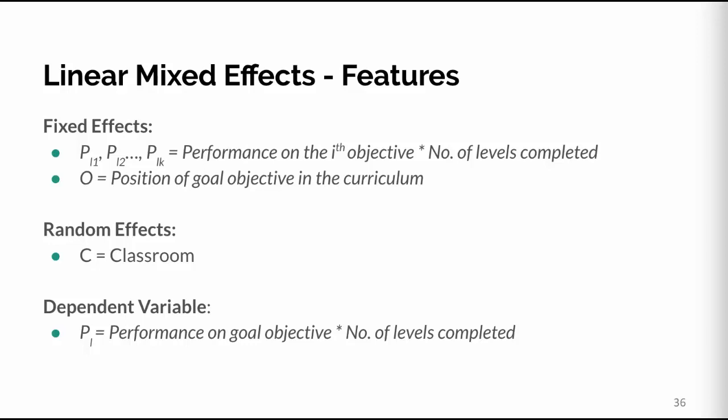Note that performance on the ith objective is the average first attempt performance on the levels in that objective completed by the students. And position O of the goal objective in the current curriculum sequence are fixed effects, whilst classroom C is used as a random effect.